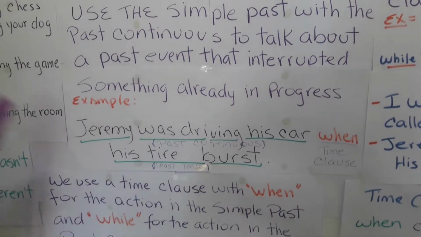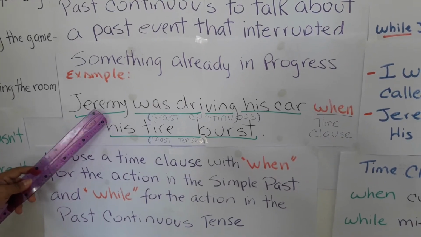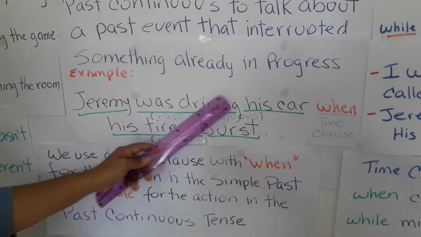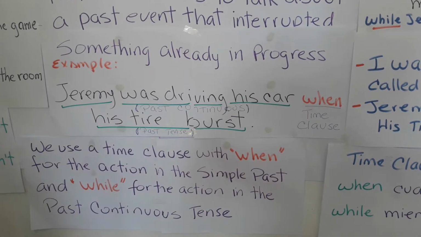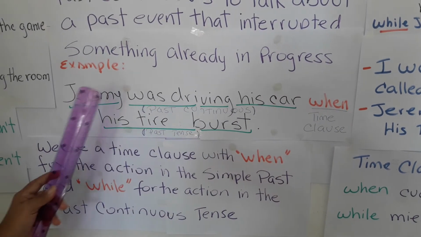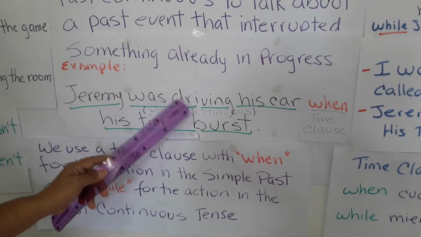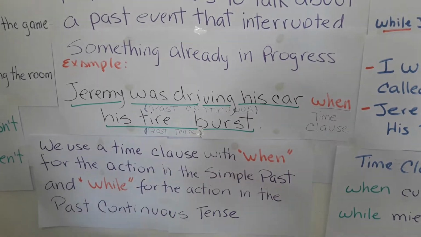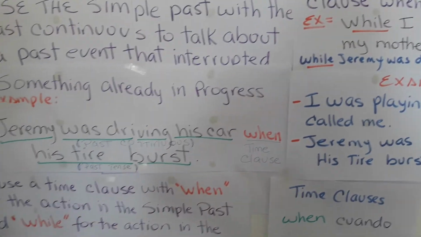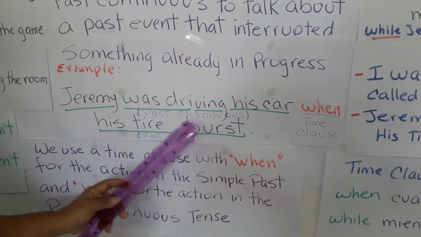Example, we have, in this case, I wrote: Jeremy was driving his car when his tire burst. Okay, the subject, verb to be, with the verb in gerund is the past continuous. We have the complement. Now, it says when his tire burst.